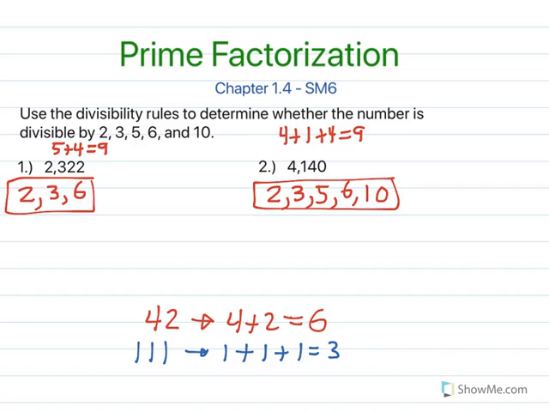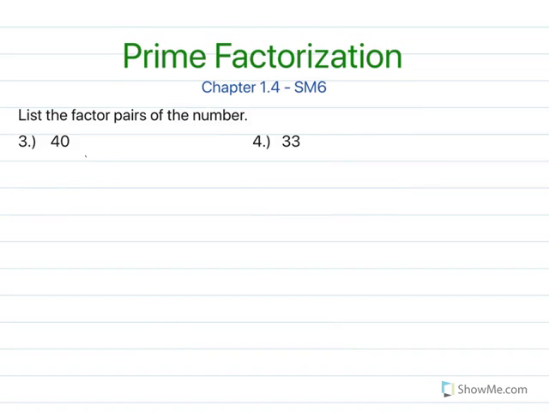All right, let's go ahead and move on to our next section. In this section, we're looking at listing the factor pairs. A factor pair would be 2 whole numbers you can multiply to get the number that we're given. So 40, we can always start with the really easy one, 1 times itself.